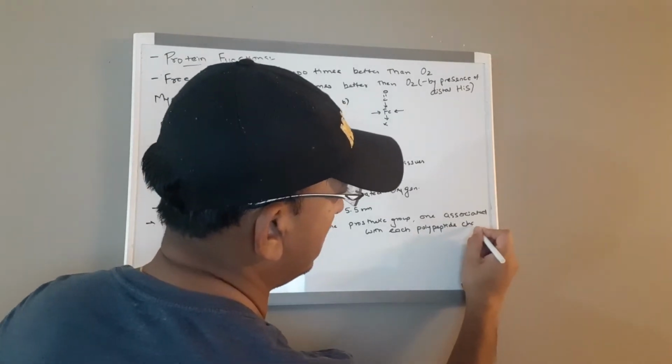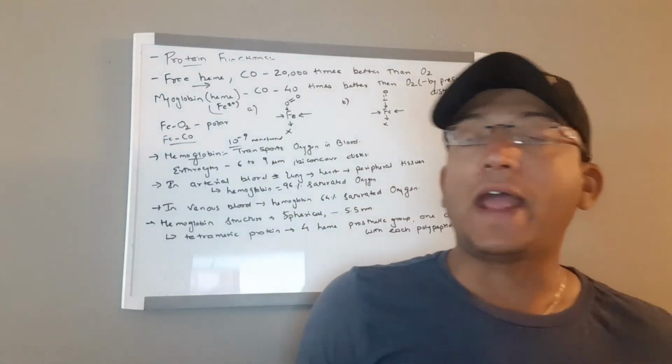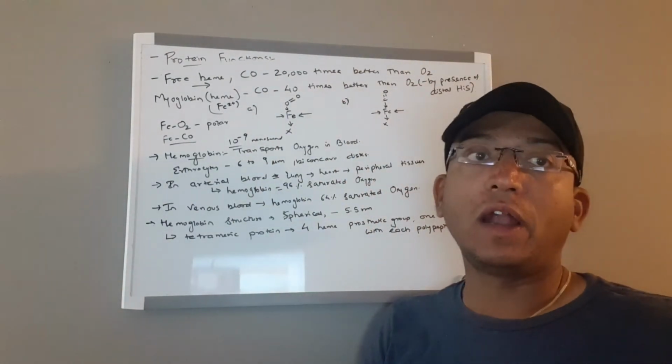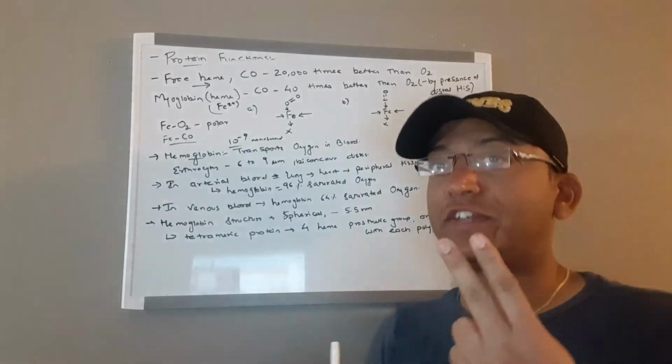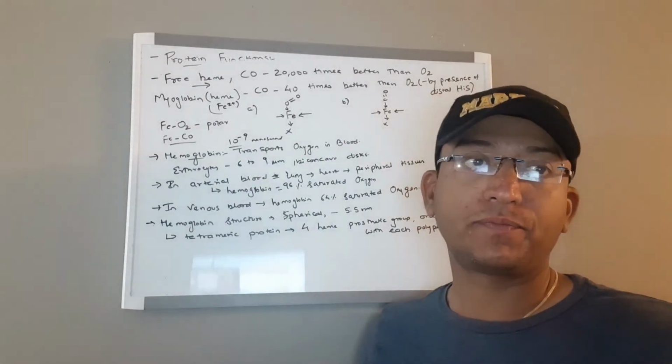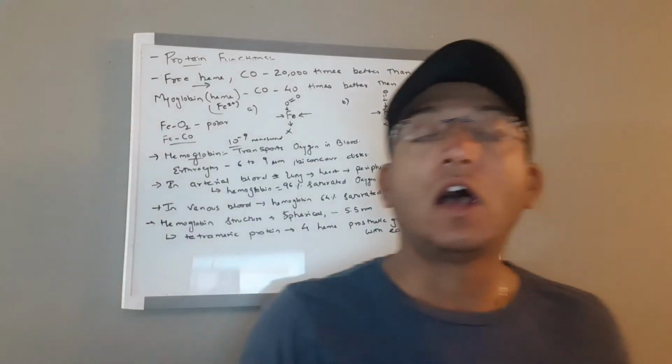So the adult hemoglobin contains 2 types of globin: 2 alpha chains and 2 beta chains, 146 residues each.